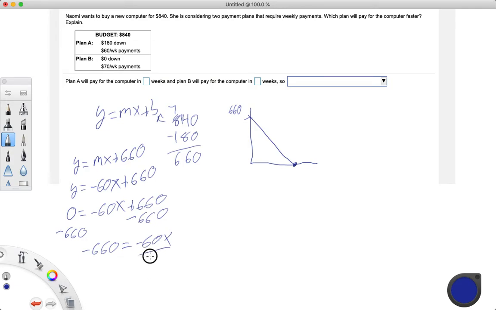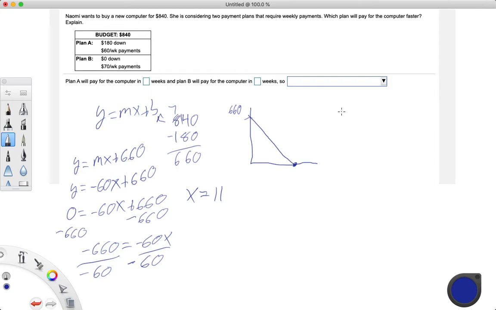Divide both sides by negative 60, and that's going to get rid of our negative sign on that side, and so we'll have a positive amount of time, which is good because we haven't figured out time travel yet. So x is going to be negative 660 divided by negative 60. Well, that's 11. So 11 weeks. Okay, with that plan, it's 11 weeks.